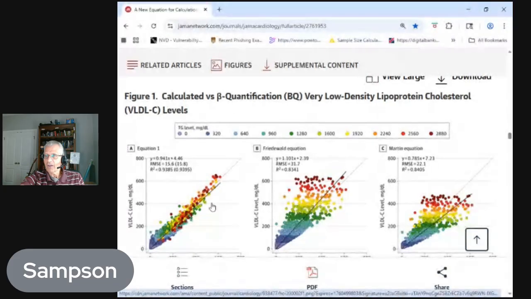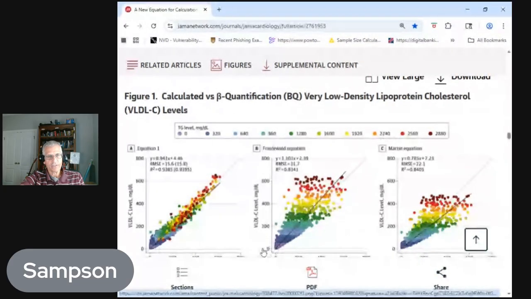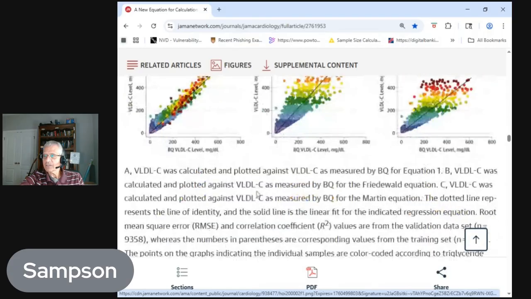Whereas down here, which is the 0 to 320, it's closer. So I don't understand why use this equation 1 when the Friedewald is fine for those people somewhere between 0 and about 100 or so. So it's interesting.